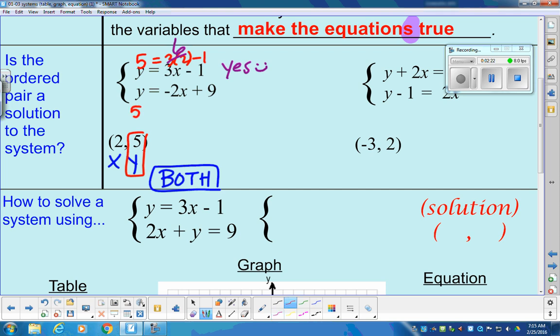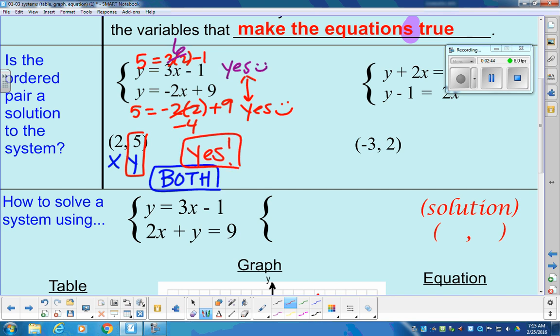We're going to put a 5 in for the y spot and a 2 in for the x. In solving, we get 5 equals -2 times 2 plus 9. So we have -4 plus 9. Is it true that 5 equals -4 plus 9? Yes, that's true. Again, it has to work in both to be true. So we would say yes, this is a solution.